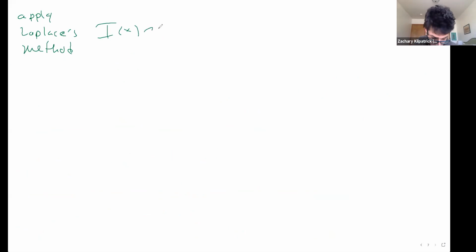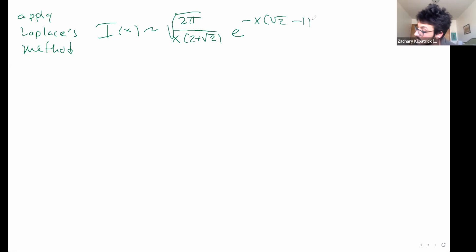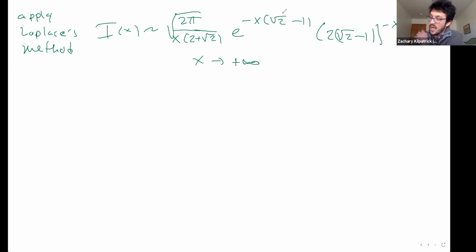And we get I of x is approximated by the square root of 2 pi over x times the square root of 2 e to the minus x square root of 2 minus 1, times 2 times the square root of 2 minus 1 to the minus x as x goes to positive infinity, okay? So this step, when we got to here, that's essentially just applying Laplace's method, okay? Like we've been doing a bunch before, okay?